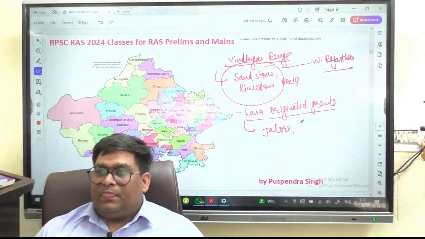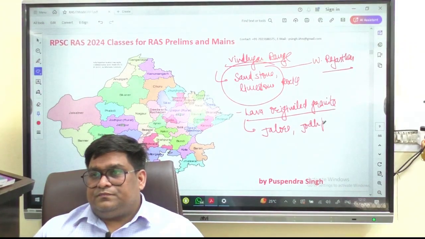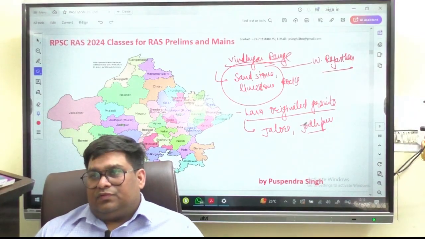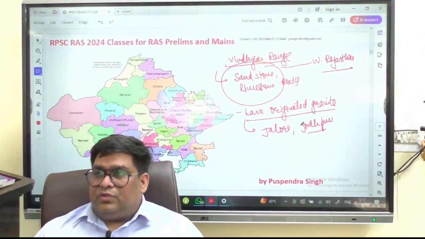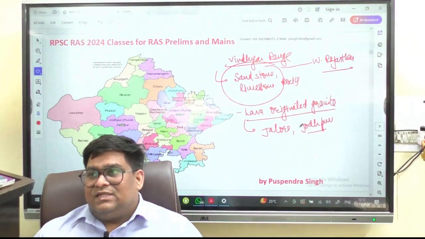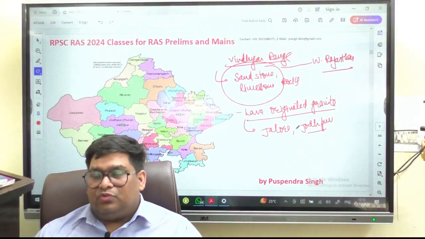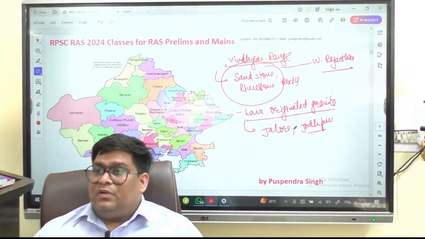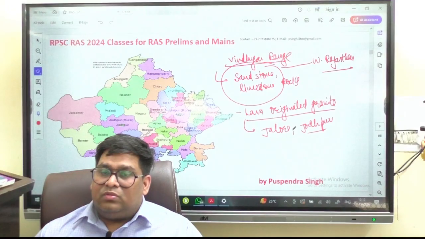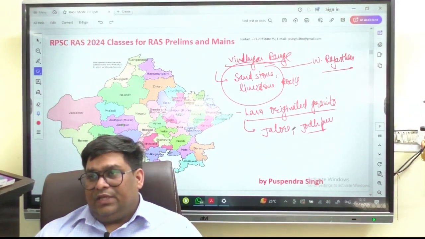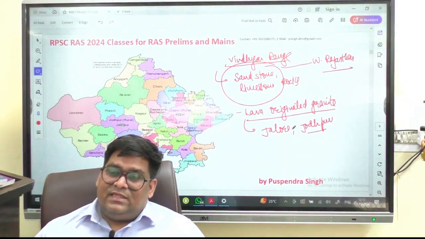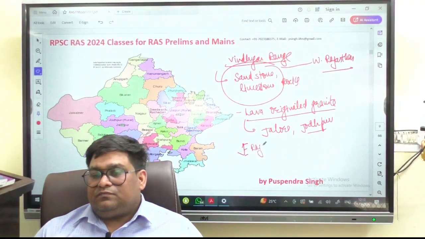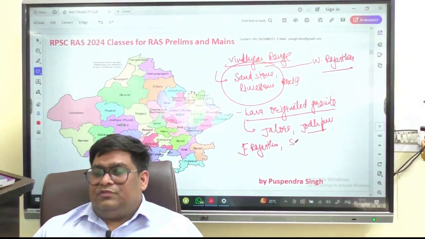This lava-originated granite you would find in various districts of Rajasthan, like Jalore and Jodhpur. Now the Vindhyan rocks are also developed in eastern Rajasthan as well as southeastern Rajasthan.